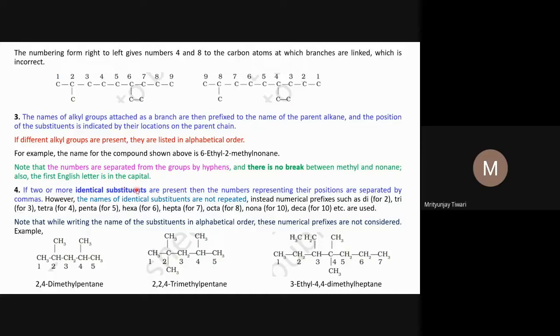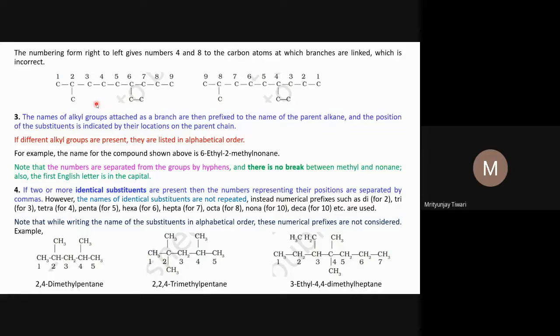If two or more identical substituents are present, for example if this was also methyl, or this was also ethyl, then we don't write 2-methyl and 6-methyl. Because two methyl groups are there at different positions, we use numerical prefixes. Two means di, so we write dimethyl, trimethyl.